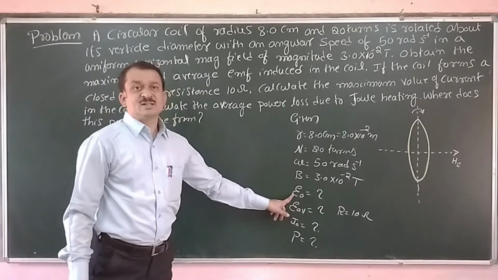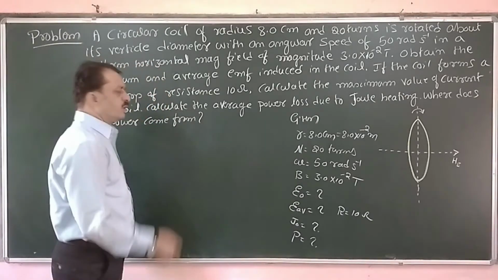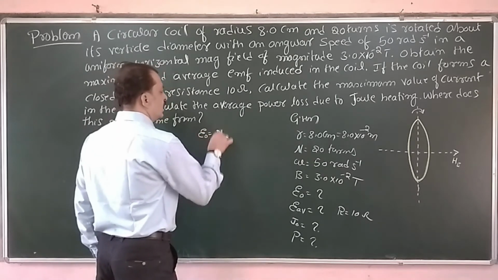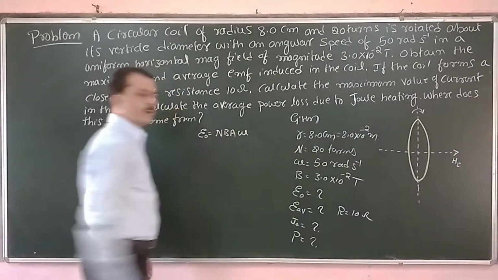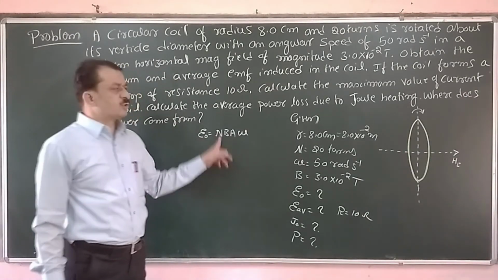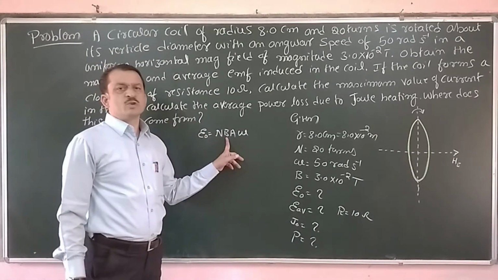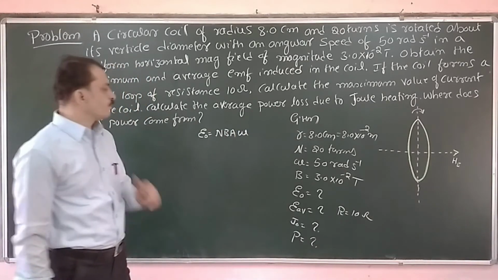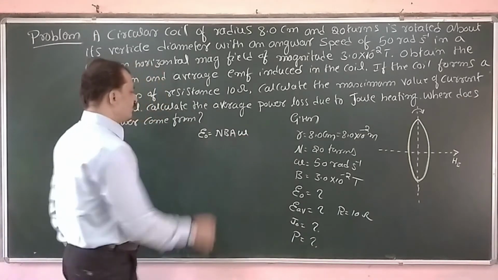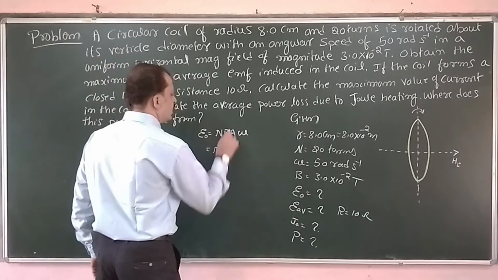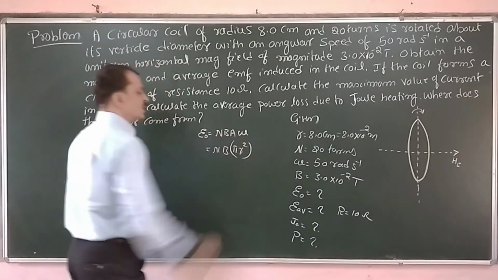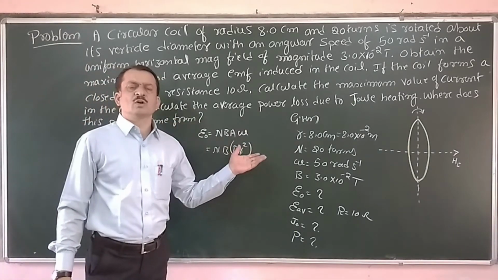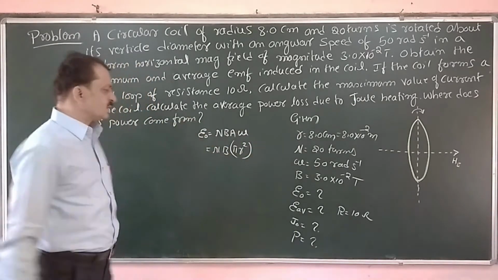First one is the maximum value of the EMF. In the expression we have already studied, the maximum value of EMF is given by N B A omega, where N is the number of turns in the coil, B is the magnitude of the magnetic field, A is the area of cross section of that coil, and omega the angular speed. Since it is a circular coil, area is pi r square. If it is a rectangular coil, then it is length into breadth.